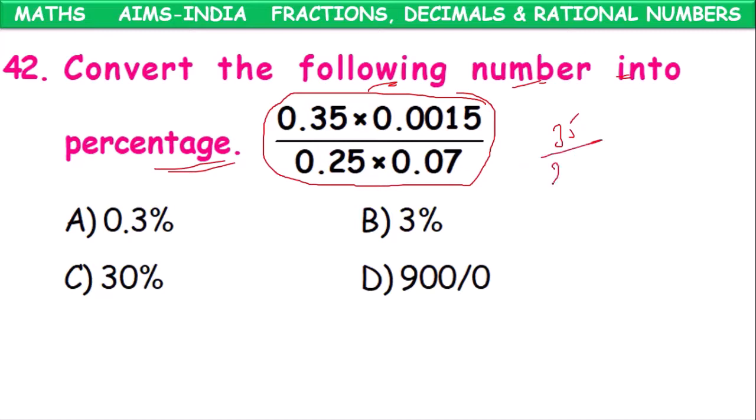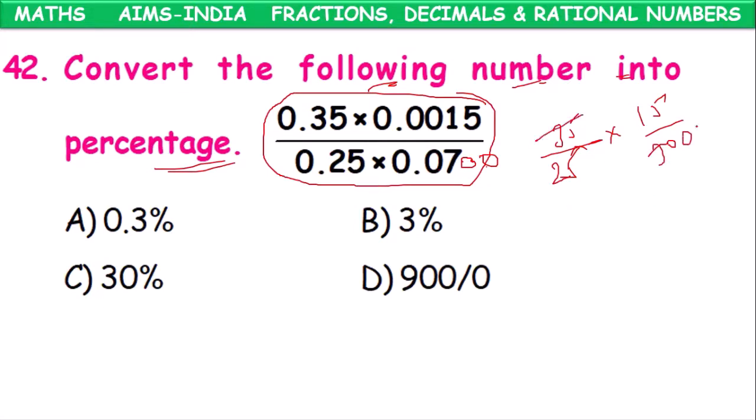We can write it as 35 by 25 into, here four decimal places are there. Here two decimal places are there, so two more zeros we can keep. Now if we remove the point, it will become 0015, which means 15. Now if we remove the point, it will become 0700, which becomes 700.